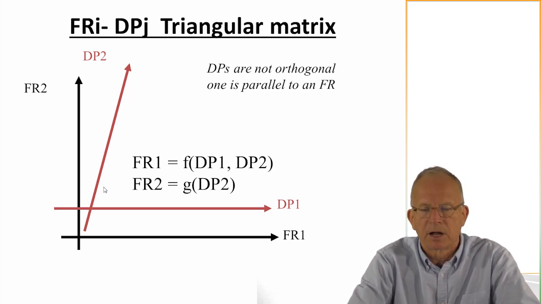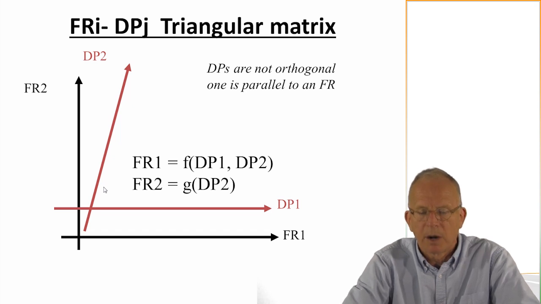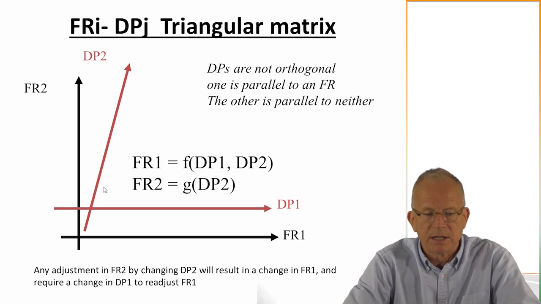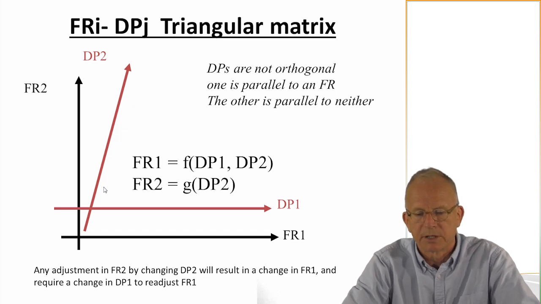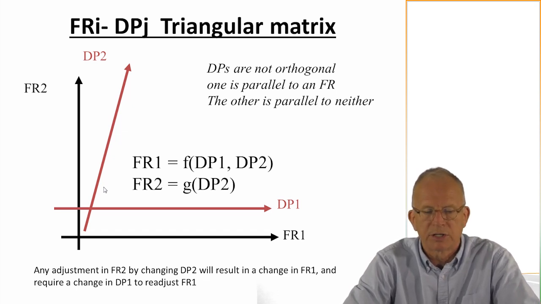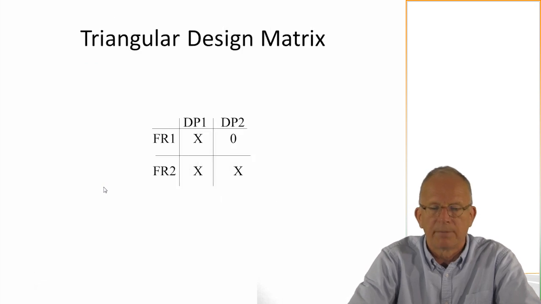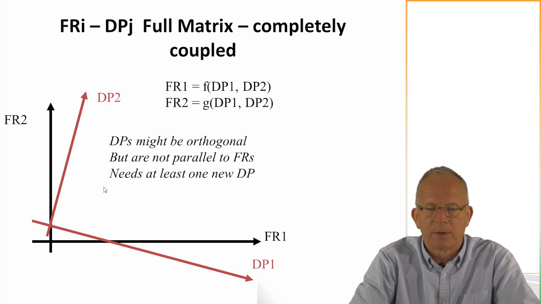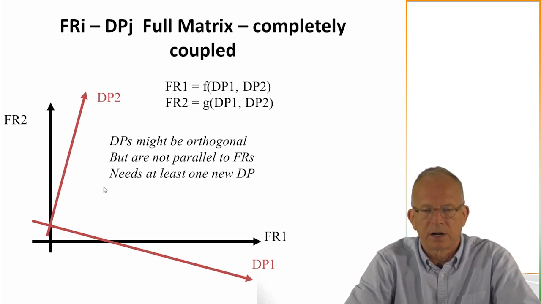So the DPs are not orthogonal, and one is parallel to one of the FRs, and the other is parallel to neither. Any adjustment in FR2 by changing DP2 will result in a change in FR1 and require a change in DP1 to adjust FR1. And so this is going to result in a triangular matrix.